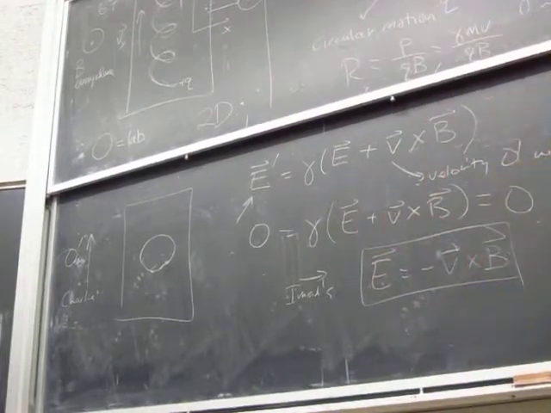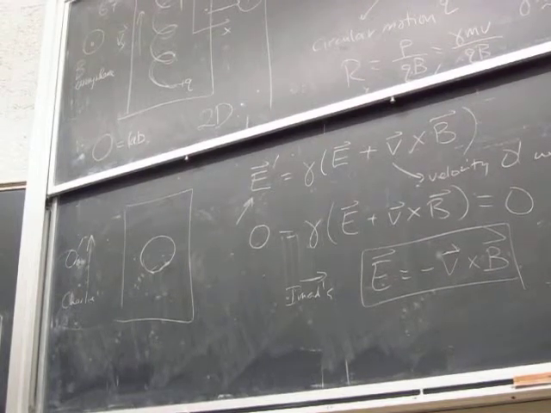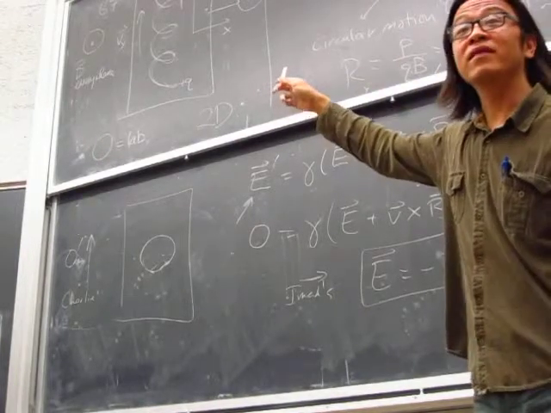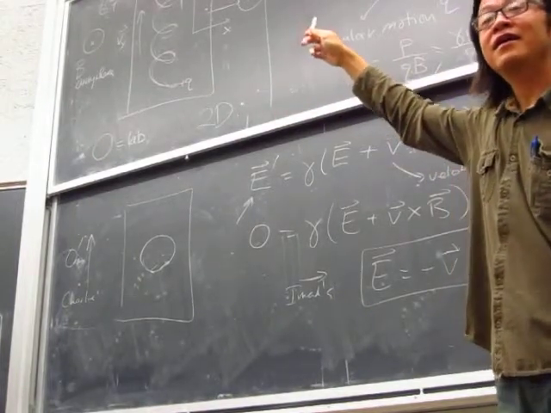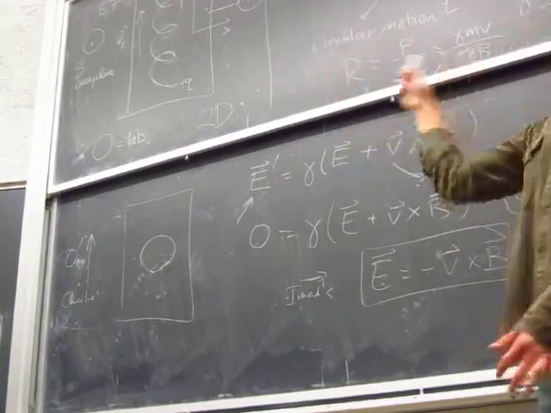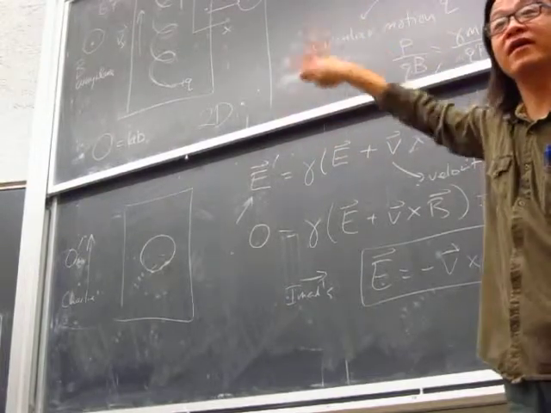If you had the magnetic field in this case pointing in the y direction, and you also have the electric field pointing in the y direction, could you get similar motion? If I have a B field in the y and also the E field in the y direction, would that be the same thing? Yeah, except that the electron is confined in a 2D plane.